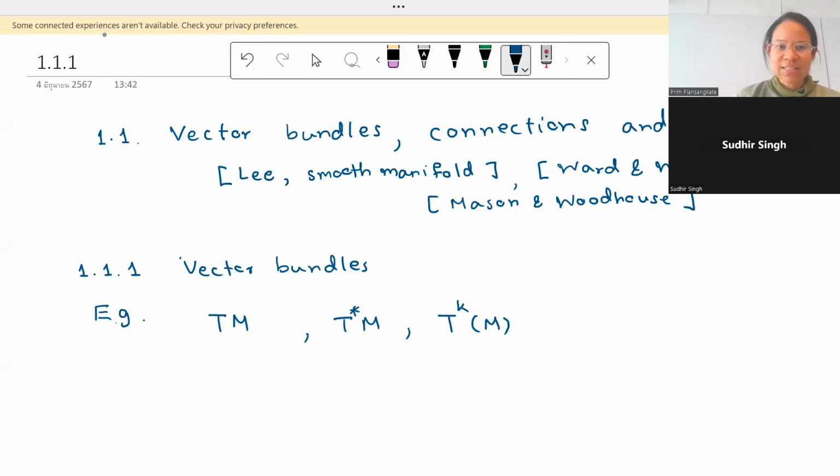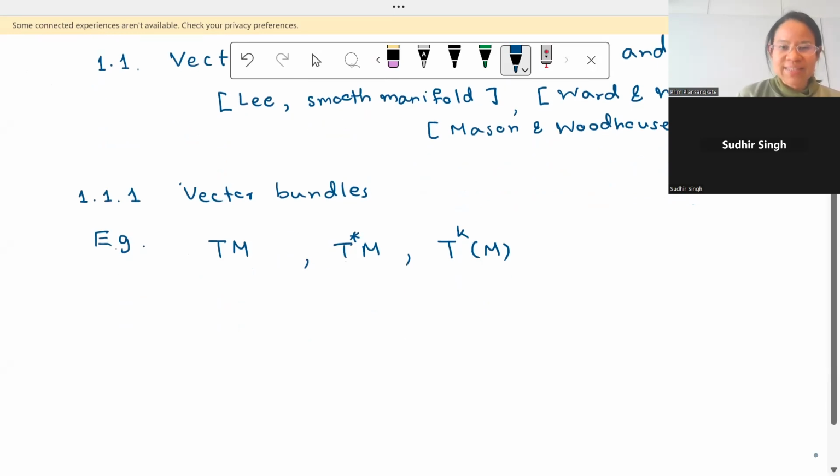All of these are examples of vector bundles. From these examples you can see roughly the structure of a vector bundle.